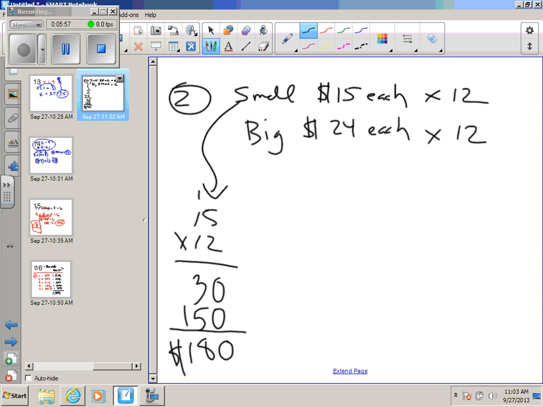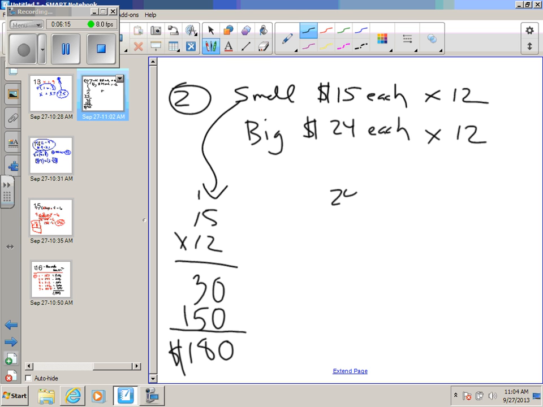He says that both boxes together cost 78. I'm already way over. And is the big box going to be more than the little box? Yes, because they're $24 each, not 15.